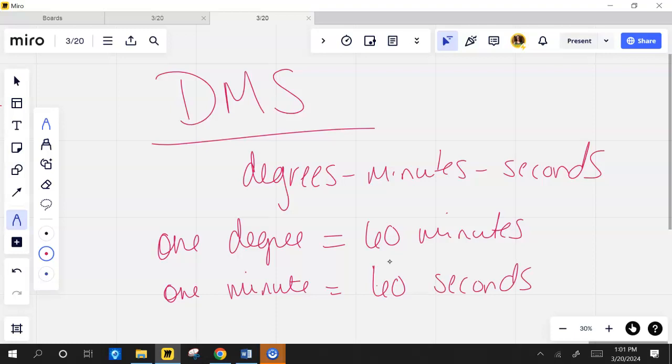How many seconds does 1 degree have? 3,600. One degree is 3,600 seconds.